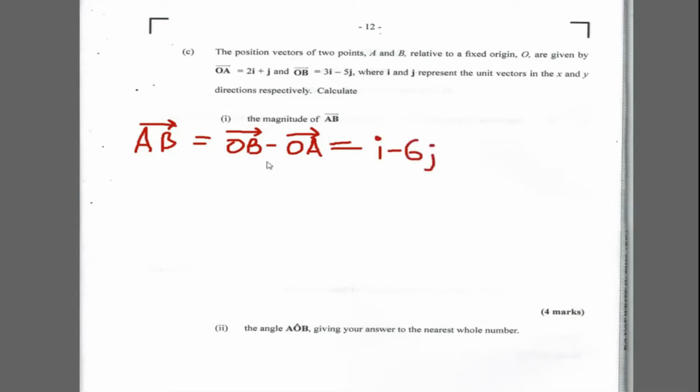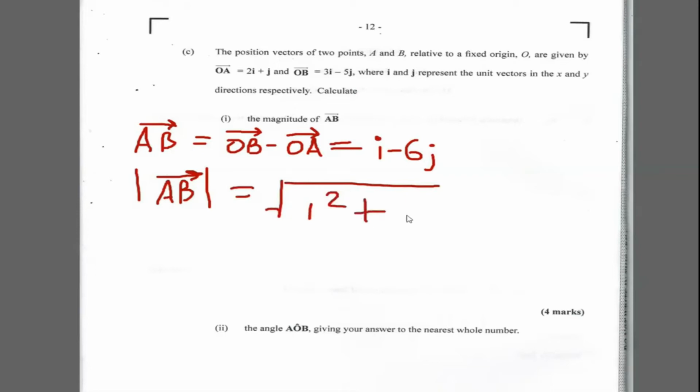But they want the magnitude of vector AB, which is going to be the square root of 1 squared plus 6 squared. That works out to be the square root of 36 plus 1, which is 37. So the magnitude of vector AB is the square root of 37 units.